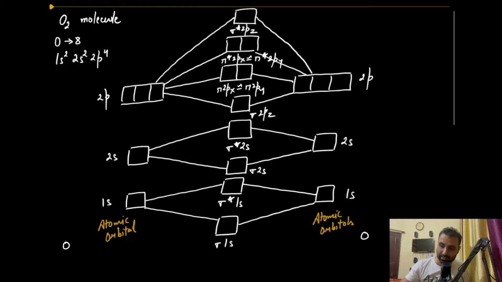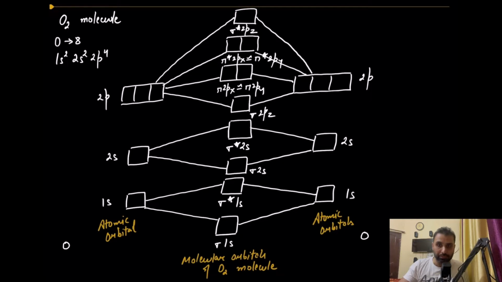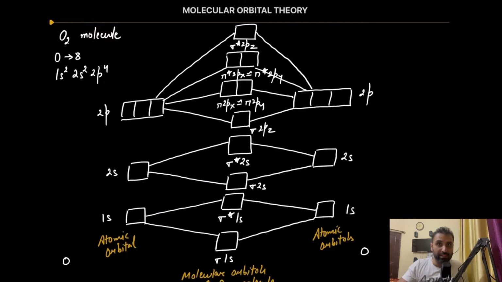In center we are having molecular orbitals of O2 molecule. So in the center we are having molecular orbitals, and these molecular orbitals are arranged according to their energy orders. The sigma 1s is at the lowest point, so it will have the lowest energy. Sigma star 2pz is at the highest point, so it will have the highest energy.